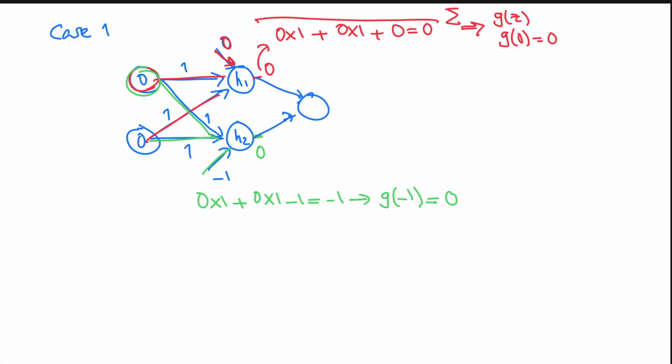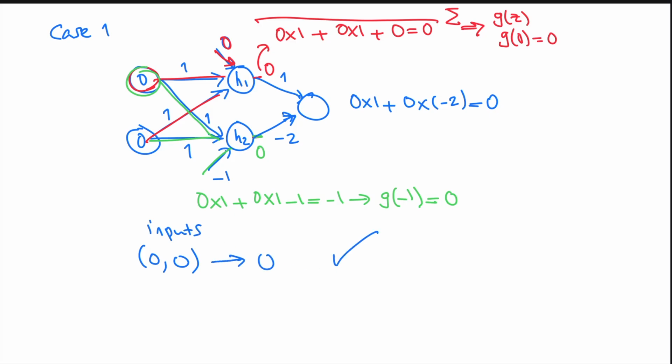And now we connect this to the output, and in this case we just need to know the weights or connections for those two final connections, and it's 1 and -2, which means that the output is 0 times 1 for the top route, and then for the bottom one we get 0 times -2, which again is 0. And this is ideal because we wanted to show that if we have inputs 0 and 0, the output is 0.